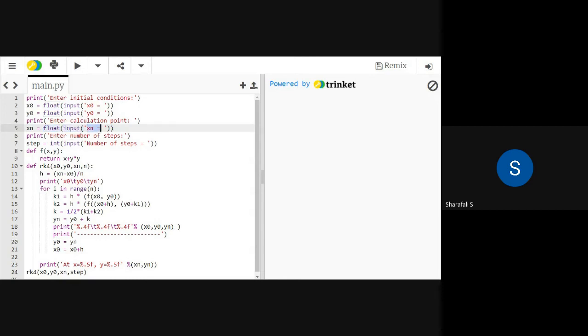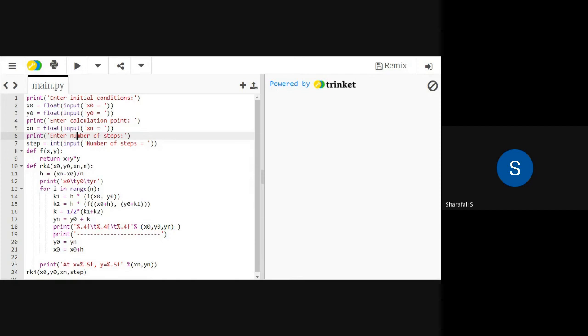For example, in the previous section we discussed a problem where we had to find the y value at point 2. So point 2 will be the x value where we had to find the y value, and that value I provide here.